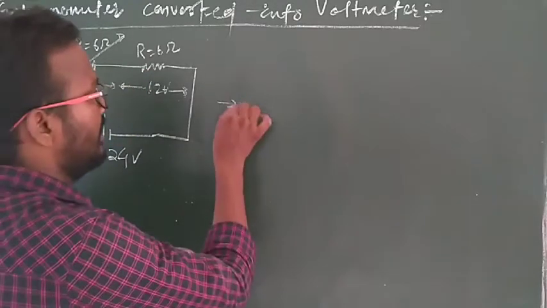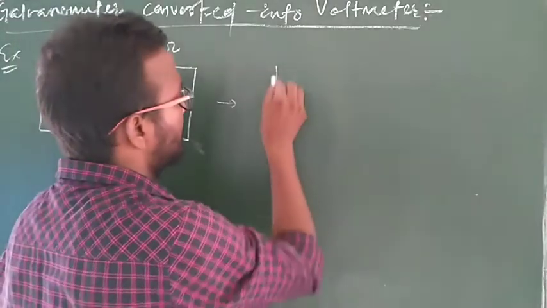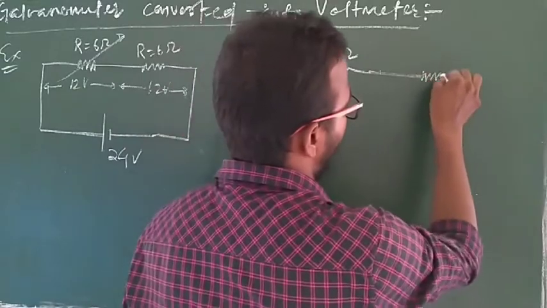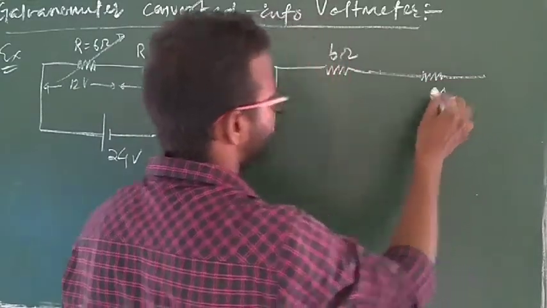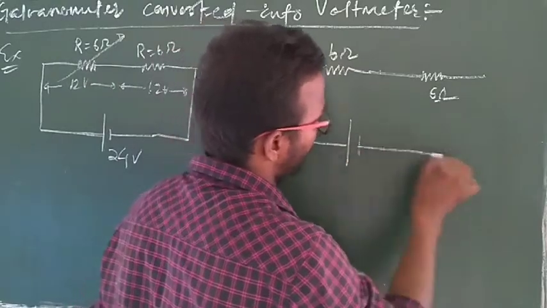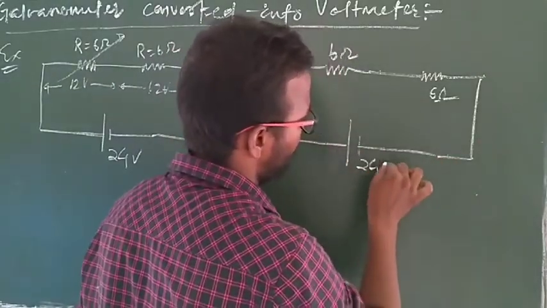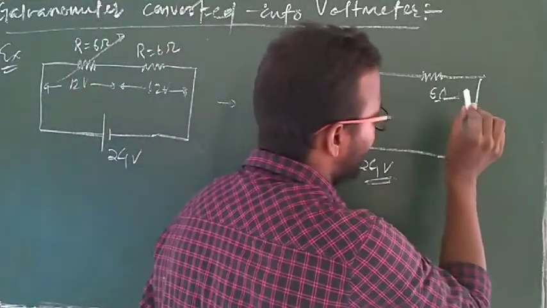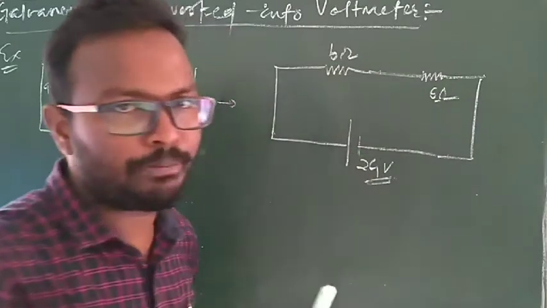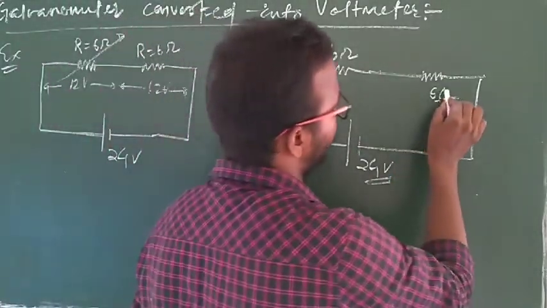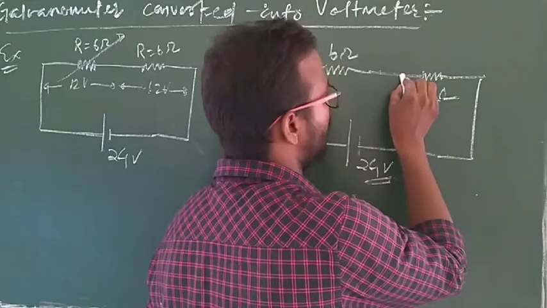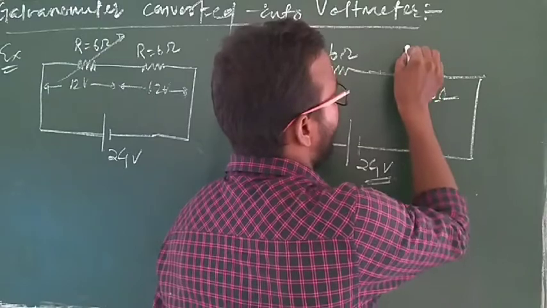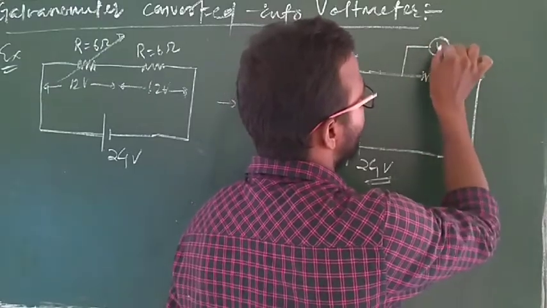Now if we use this 6 ohm resistor and this 6 ohm resistor across a potential difference of 24 volt, we have to determine the potential drop across the 6 ohm resistor by using a voltmeter, and you know, a voltmeter is always connected in parallel across the resistance.